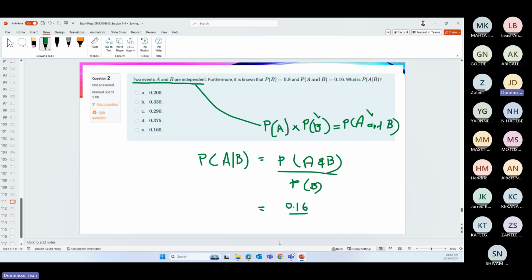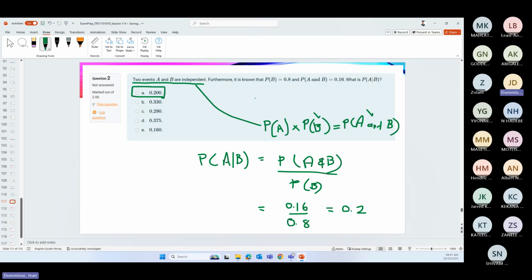Probability of B, 0.8. And then if we divide that, 0.16 divided by 0.8 is equal to 0.2. And that is option A.